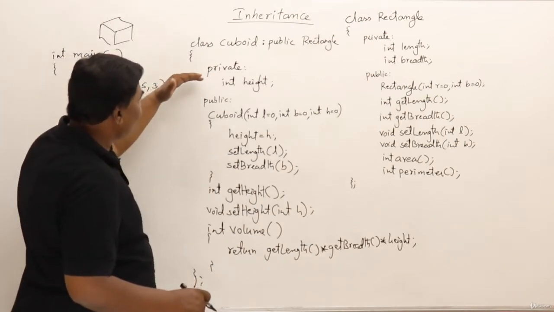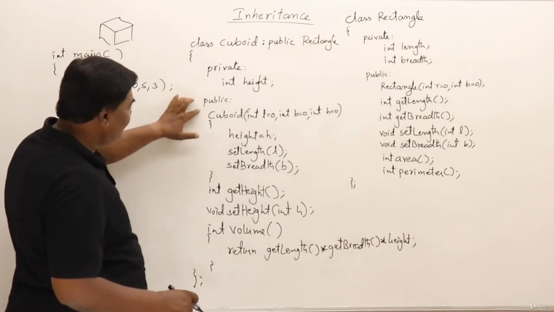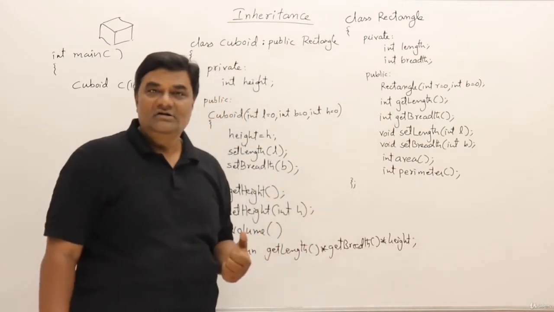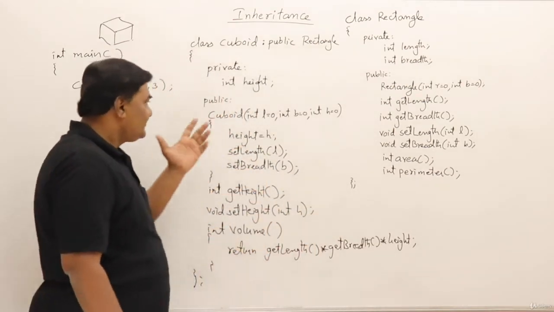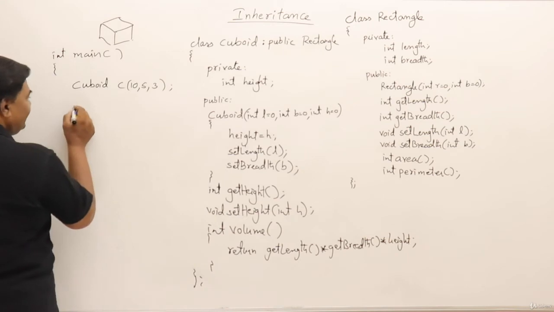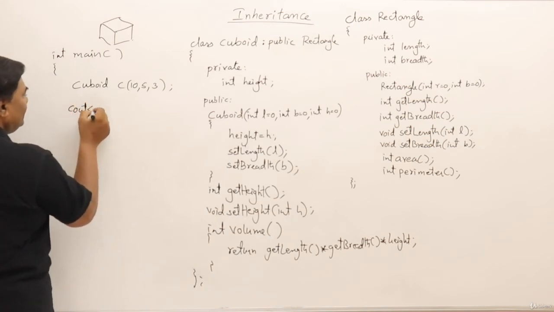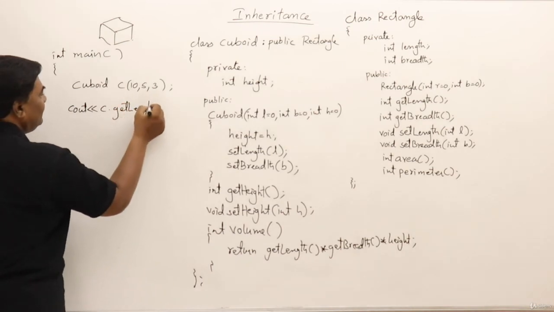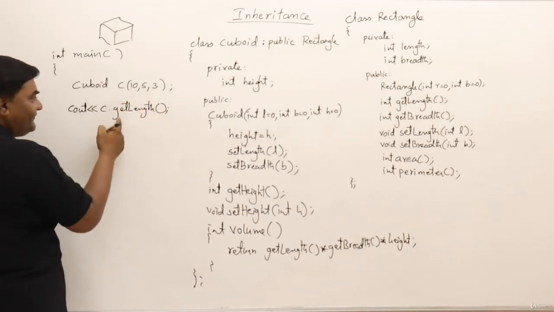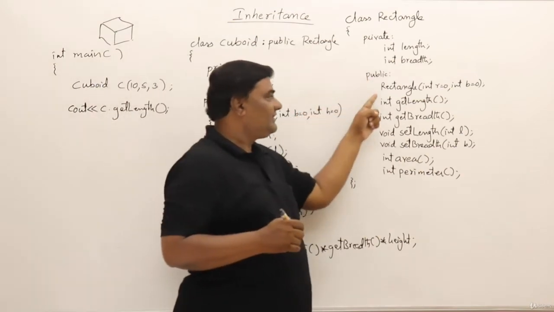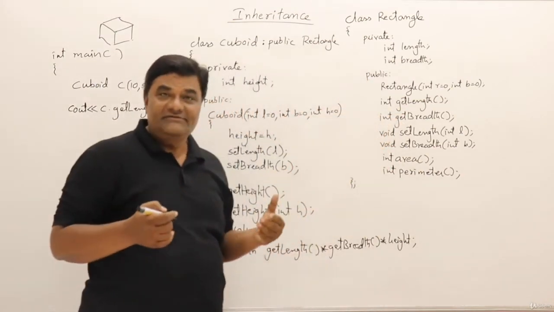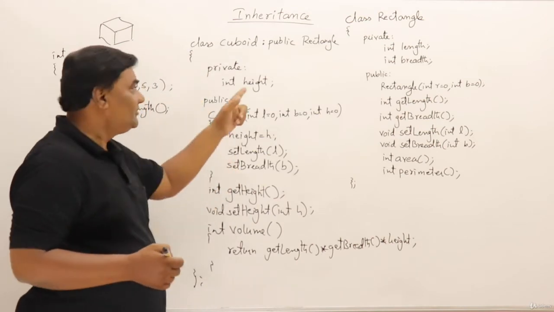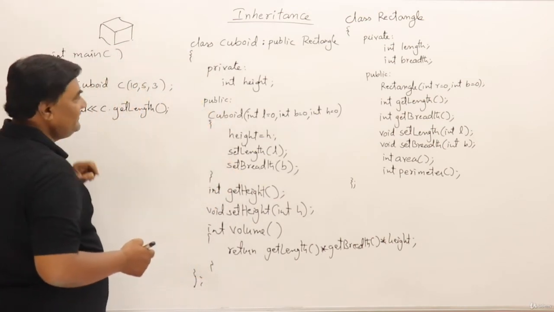I can access all those functions that are present inside cuboid class as well as those present inside rectangle class. All those functions I can access. So on this object, can I say cout c dot get length? Yes, I can call. Where is this function available? This function is available in rectangle class, but whose length will it give? It will give the length of a cuboid, because whose object did you create? Cuboid's object we have created.